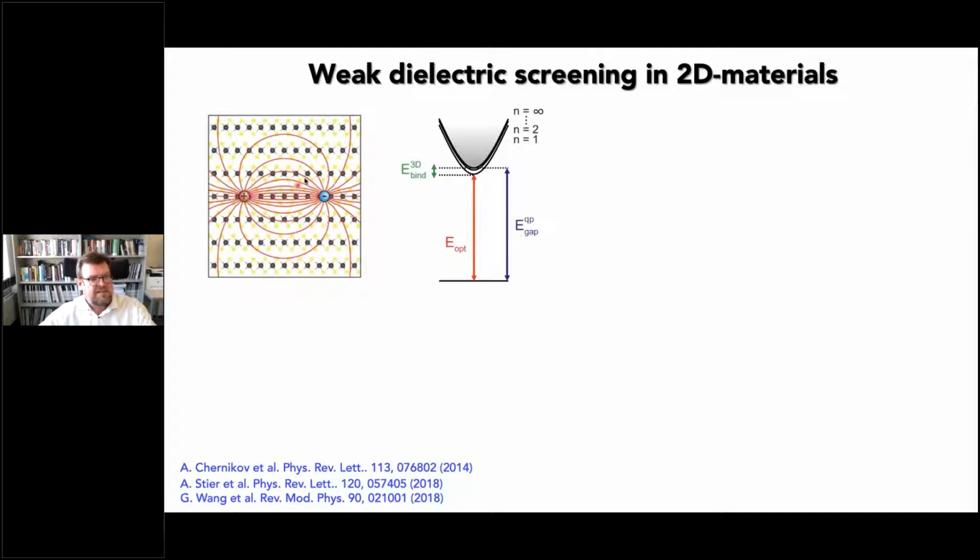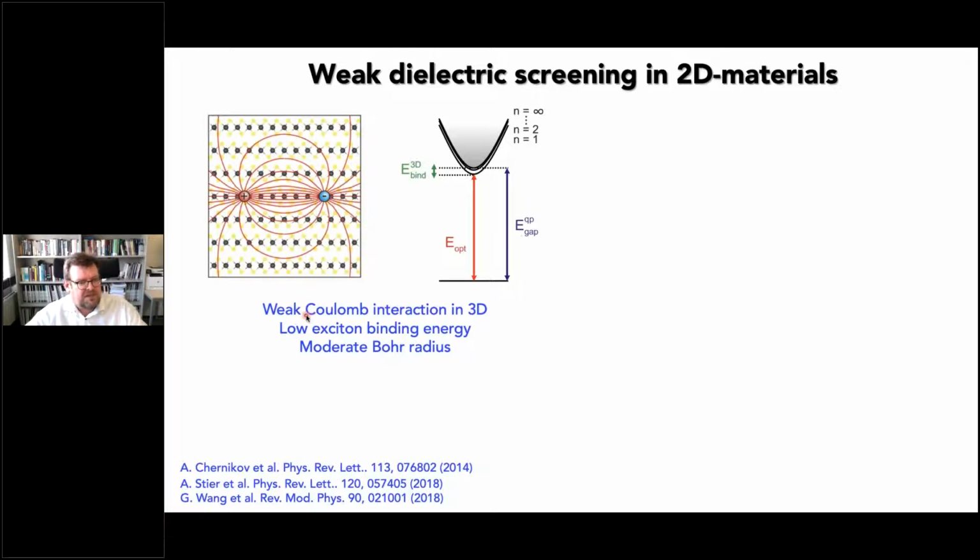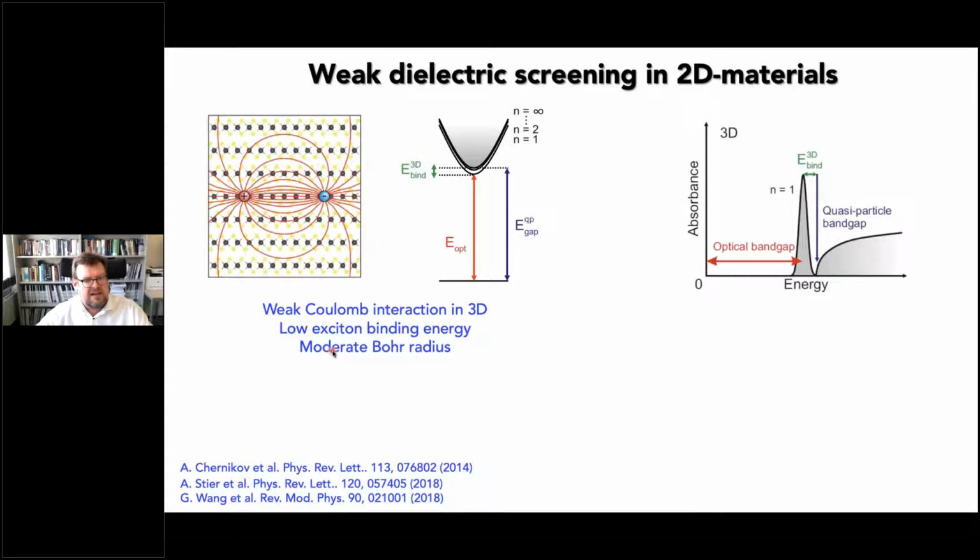And you see the electric field lines penetrate through the surrounding 2D materials. Here I have many layers of this crystal. So in that kind of situation, in a bulk material, you would have a relatively weak Coulomb interaction with a rather low exciton binding energy and a rather large exciton Bohr radius.